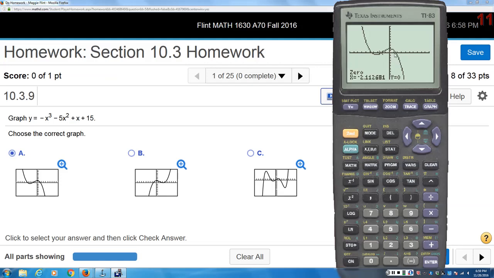Now I want you to find the third one and tell me what it is. Yeah, I want you to find the one that's on the positive side.